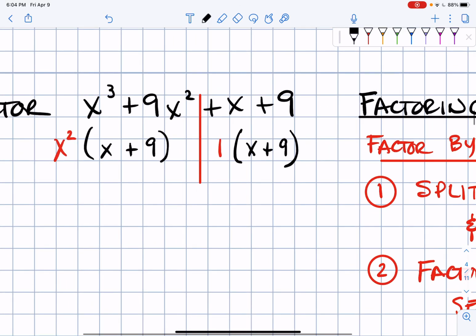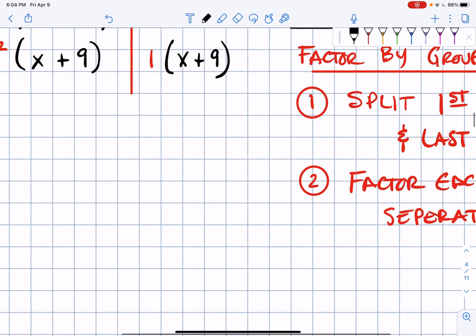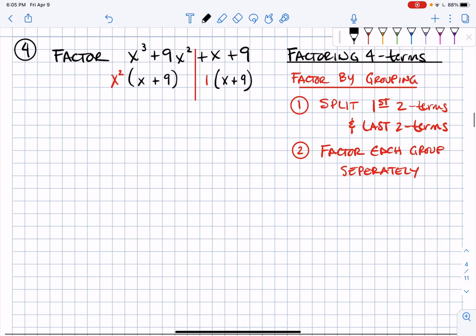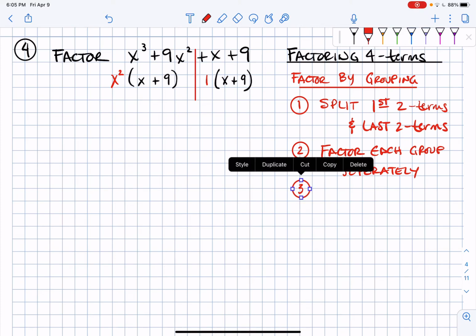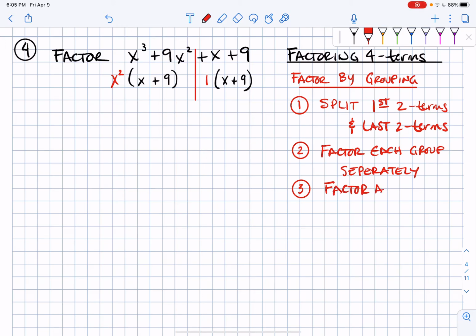With that being said, the third step is to factor as a whole.